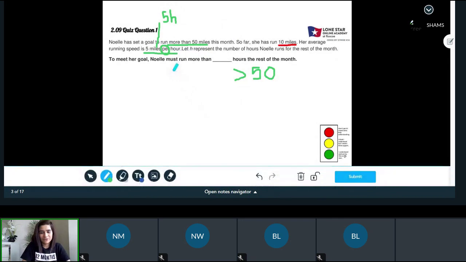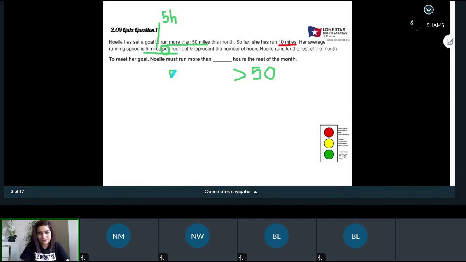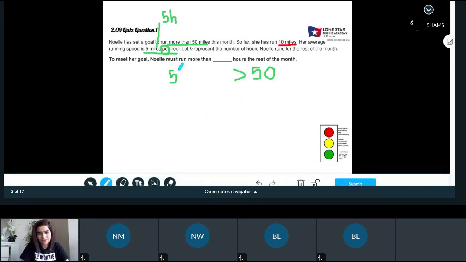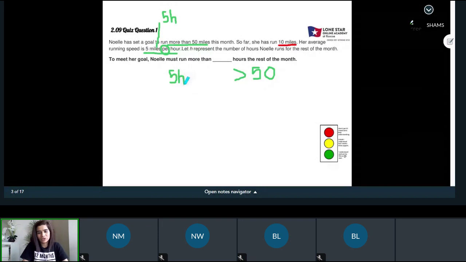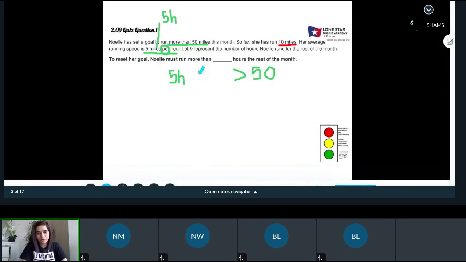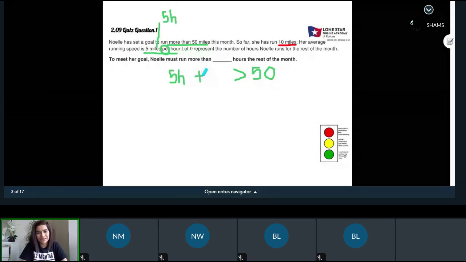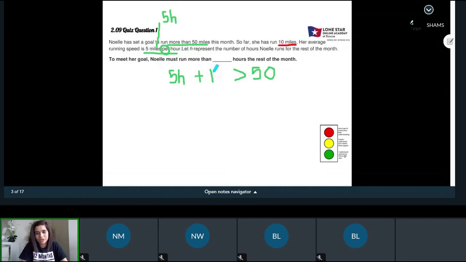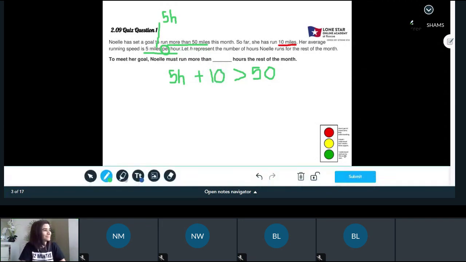So I can say 5h. This is her speed. And she already ran 10 miles, so I can say 5h plus 10. And the total number of miles has to be more than 50. This is how you can set it up. Let me know if anybody was confused about how to write the inequality.